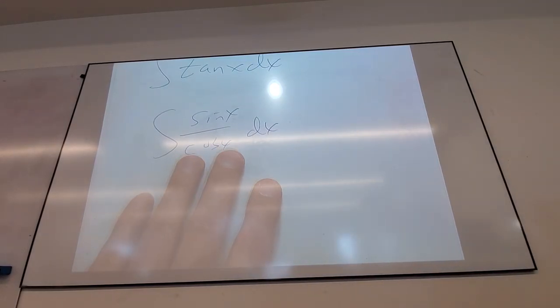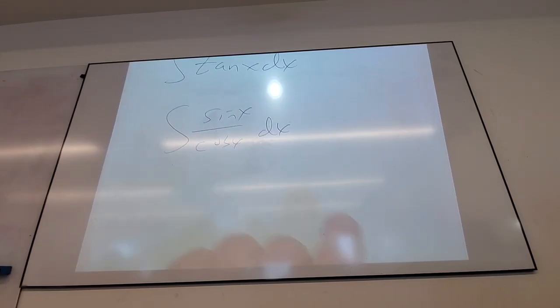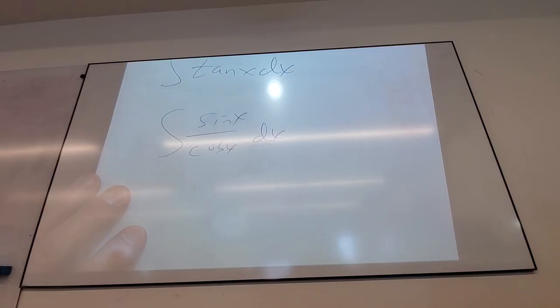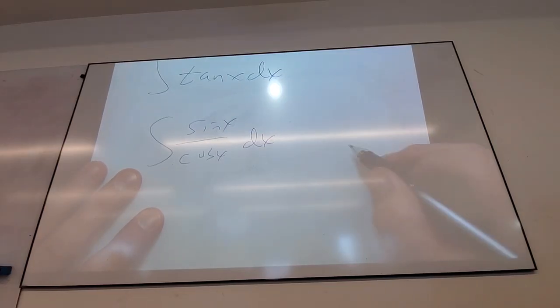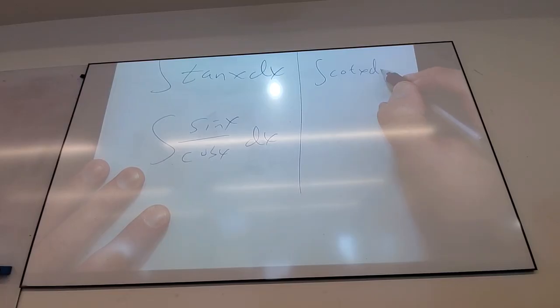Is that okay for that problem? So if you had cotangent, it would be cosine over sine. You let u equal sine, and so on. The derivative of sine would be cosine x.